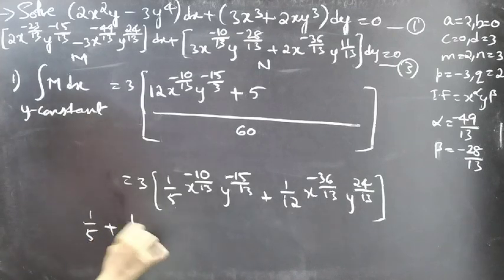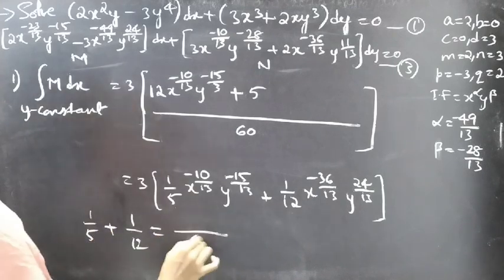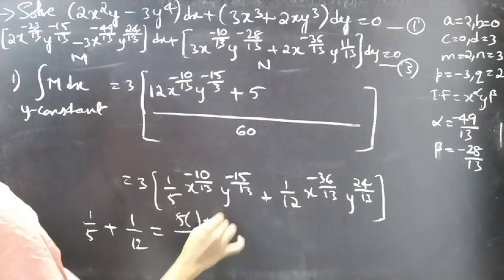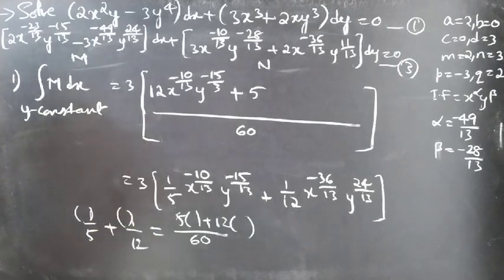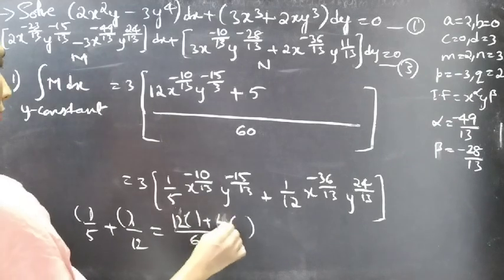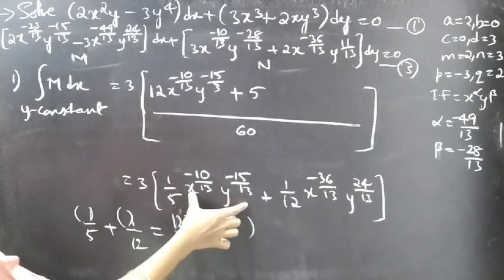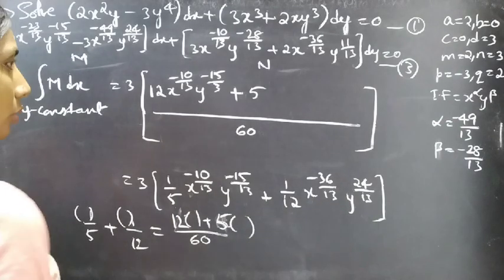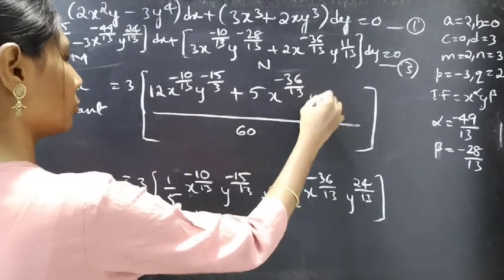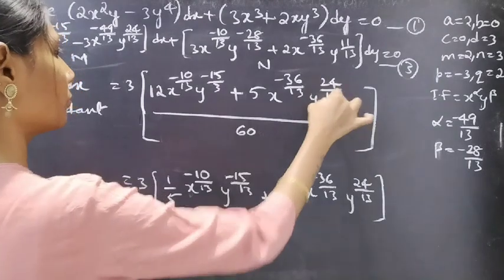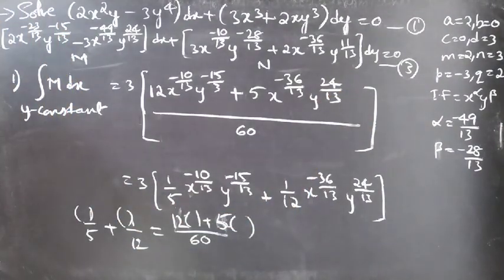Taking the terms in x and y form, you'll get 12 into this plus 5 into this, so 5 into x power minus 36 by 13, y power 24 by 13.